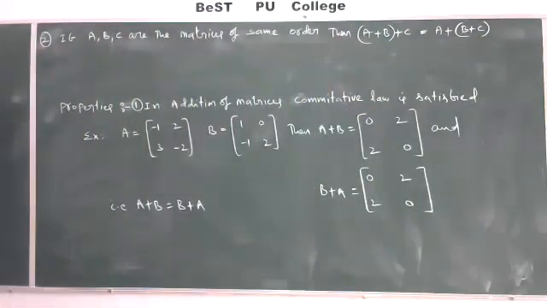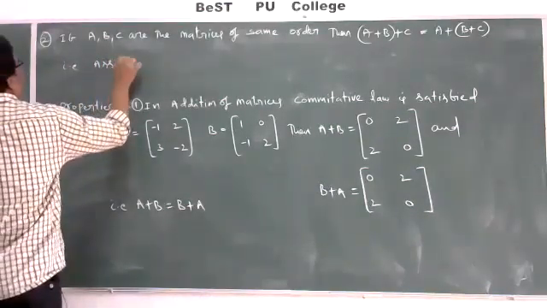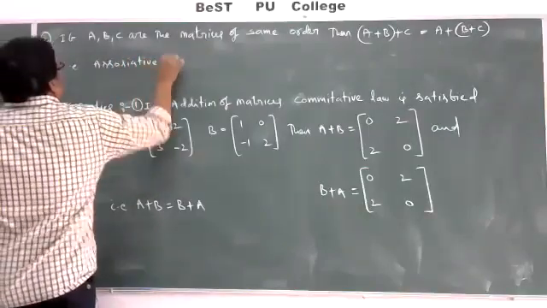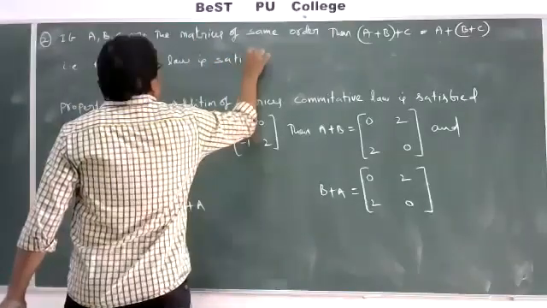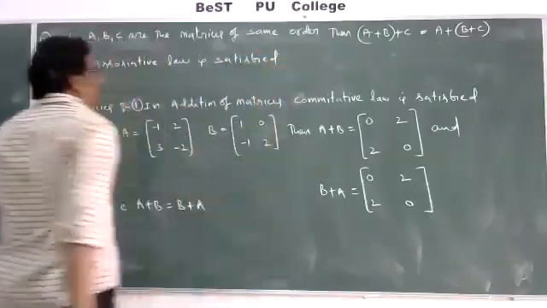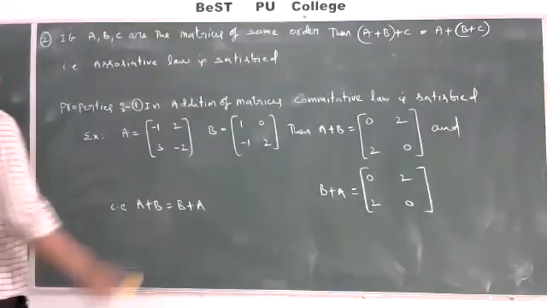That is, the associative law is satisfied. In addition of matrices, commutative law is satisfied. In addition of matrices, associative law is also satisfied.